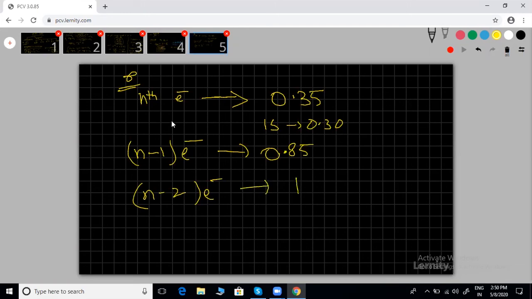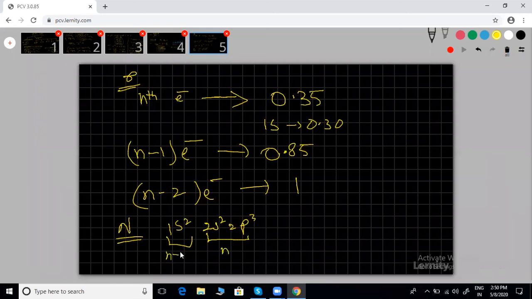You can try to calculate the nitrogen screening effect. When we are going to calculate the screening effect, first write the electronic configuration: 1s2, 2s2, 2p3. These are in one category. This is n, the valence shell.